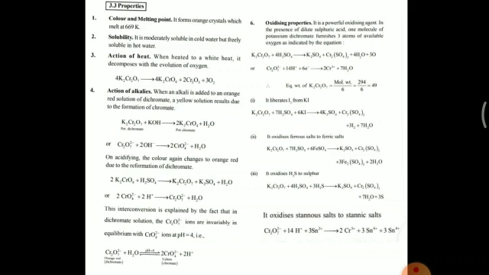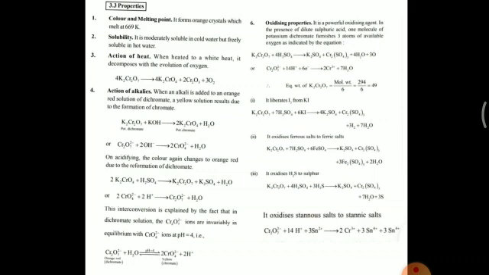And on adding acid to potassium chromate, that is on decreasing the pH, the H plus ion concentration increases. So the equilibrium shifts towards the left and orange red colored dichromate ion is formed.